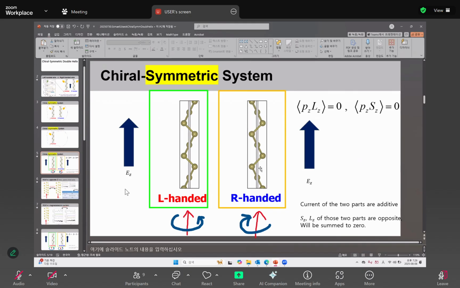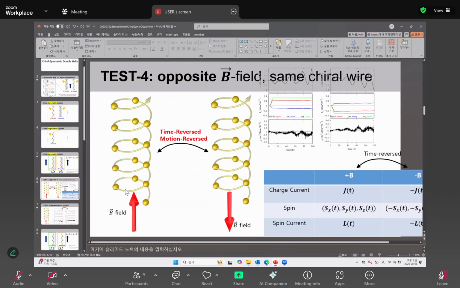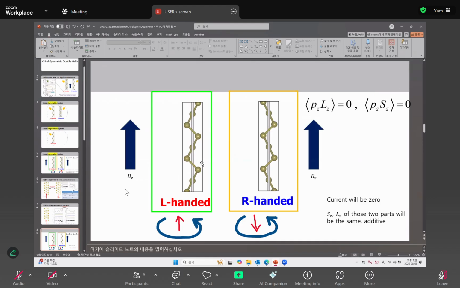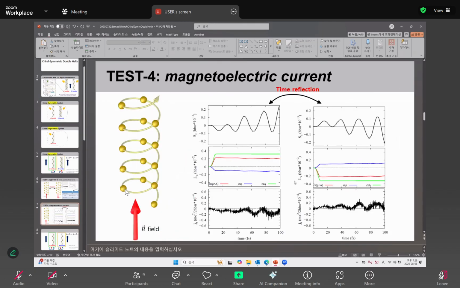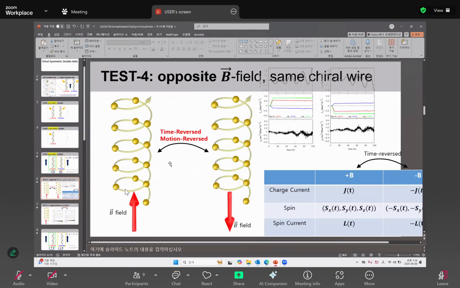Yes. Okay. Now let's think about the application of a magnetic field. This is the old calculation we discussed: magnetic field up and magnetic field down, and the different chirality.